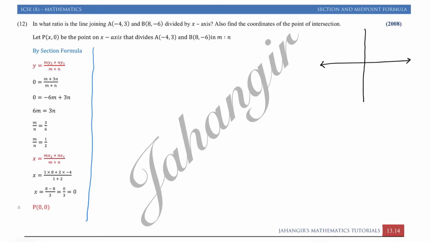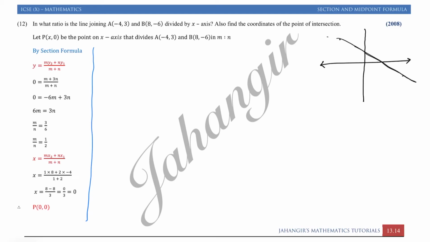Let us write A (minus 4, 3). It should be somewhere in this quadrant. B (8, minus 6) should be somewhere in this quadrant. So it's going like this, but it is divided by the x-axis.